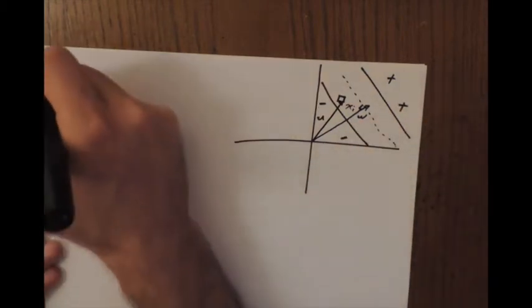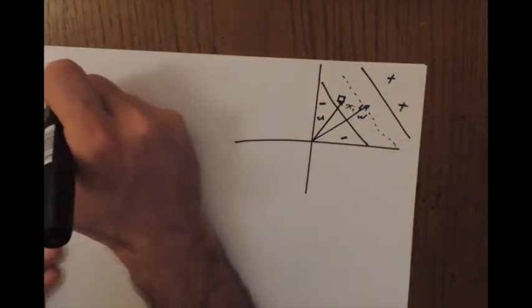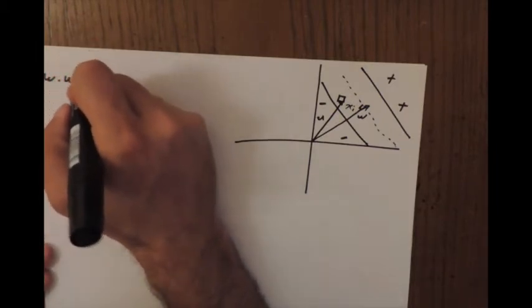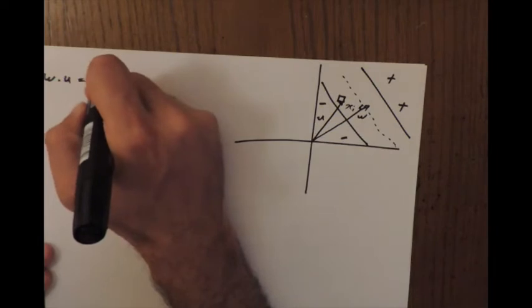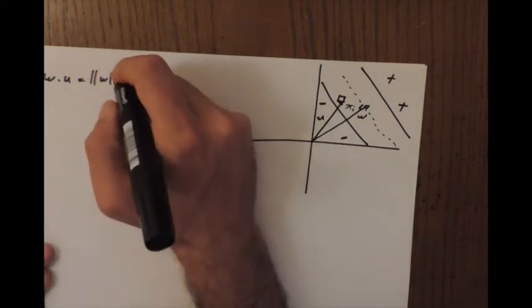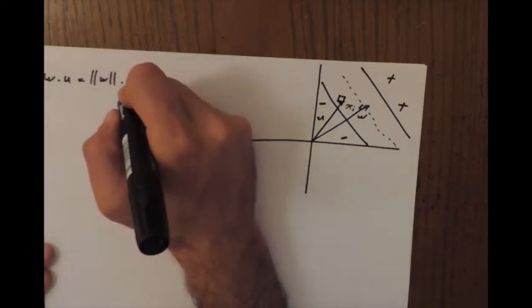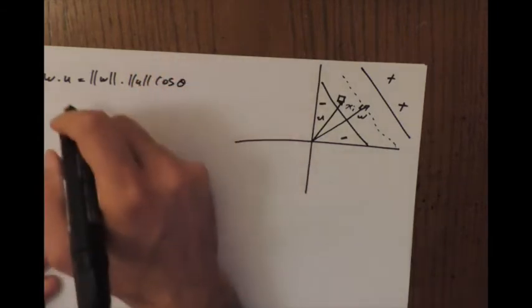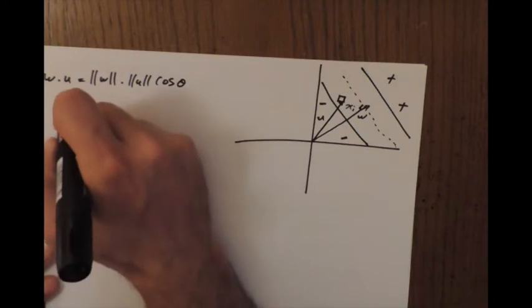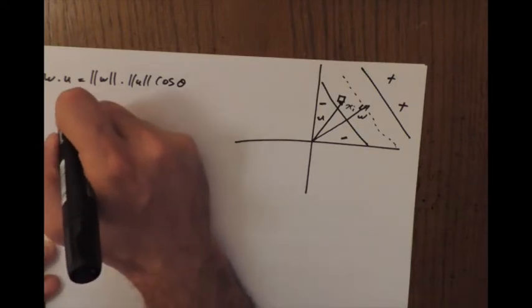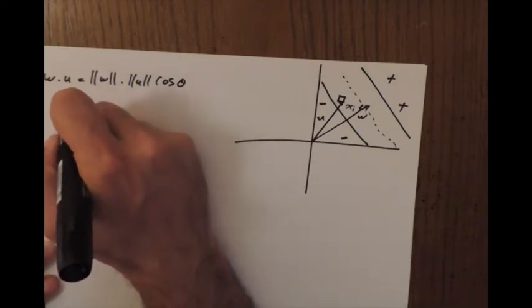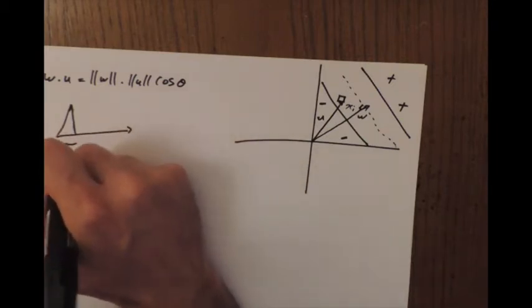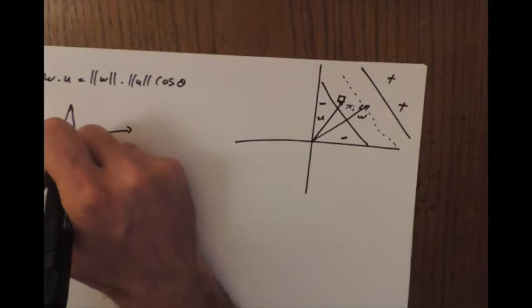As we know with the projection, when we want to find the dot product between those two vectors, it's equal to the magnitude of W times the magnitude of U cosine theta. If we take the projections, as the angle increases, the distance decreases. This is theta.